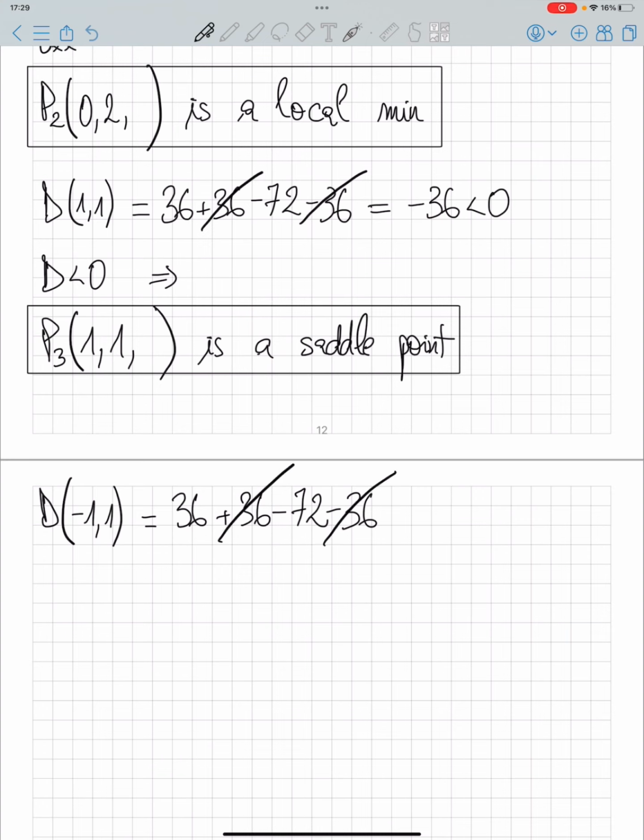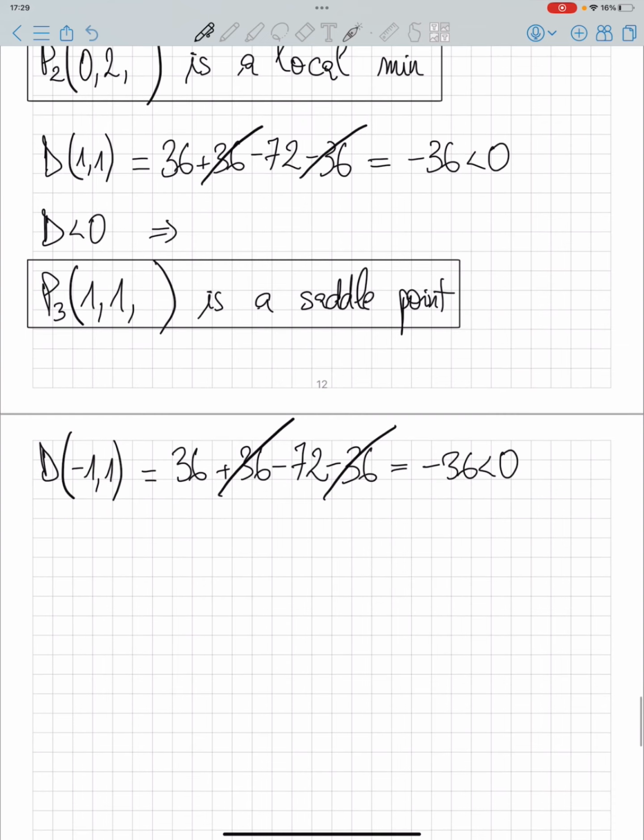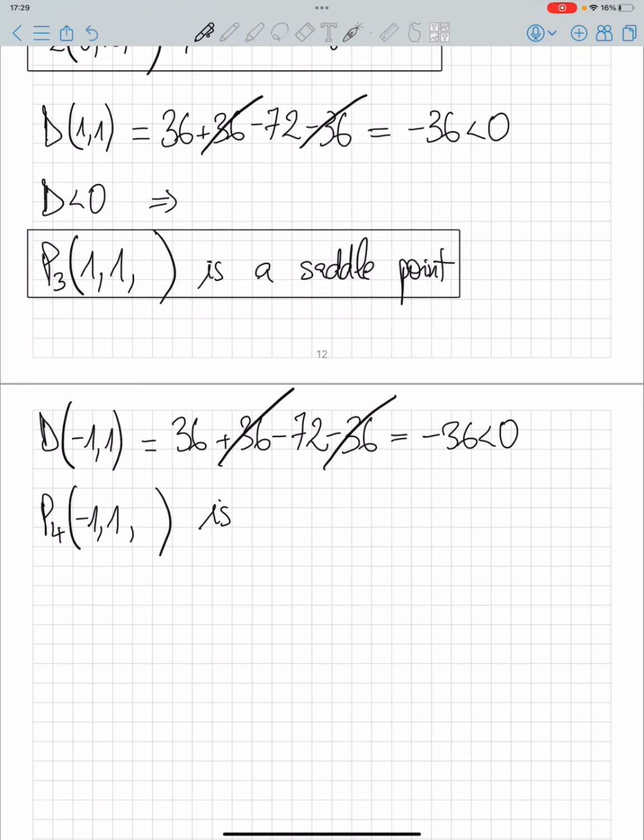So this and this cancel out, so we have 36 minus 72, which is minus 36, which is still negative, right? So D is also negative at this point, so we have a saddle point here as well. So P4, which is minus 1, 1, is also a saddle point.